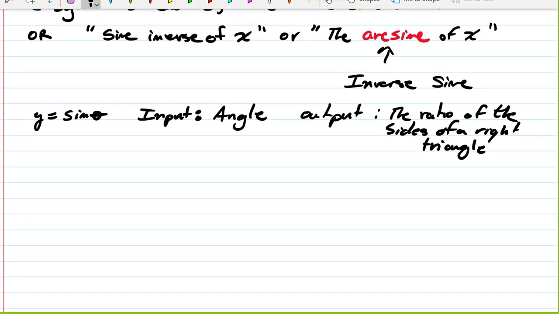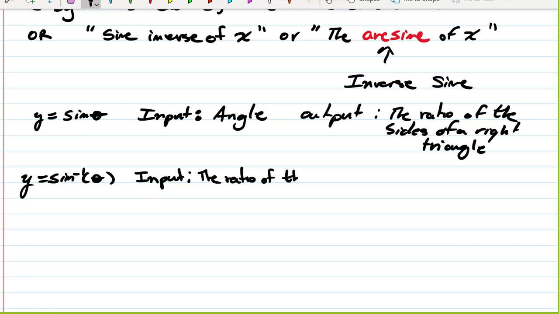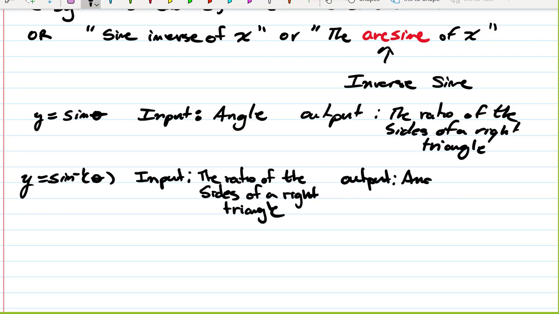So if I have the inverse function, y equals the inverse sine of x, that means I interchanged my x's and my y's, or I interchanged my inputs and my outputs. So for the inverse sine, my input would be the ratio of the sides of a right triangle, and my output would be an angle.